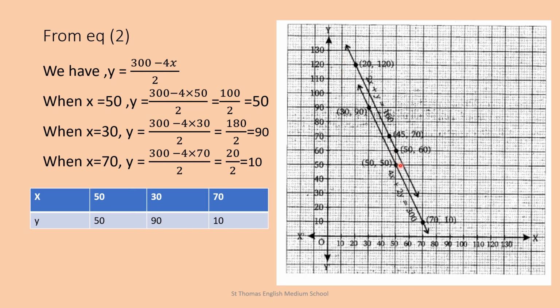So draw the line and write the equation on the line. Same way from equation 2 we got three solutions. You have to mark the three solutions, then join them. Again you are getting another straight line and write the equation on the line, that is 4x plus 2y equal to 300.